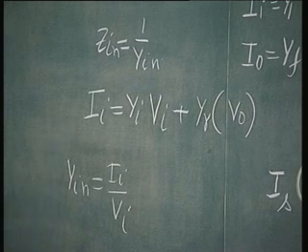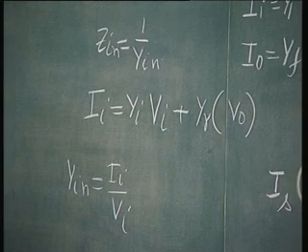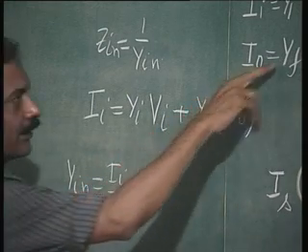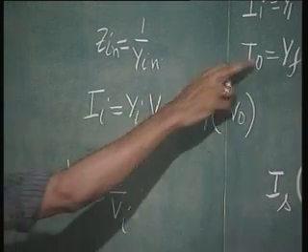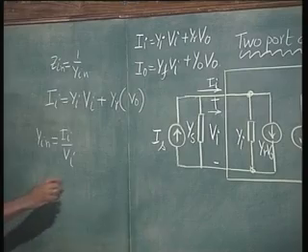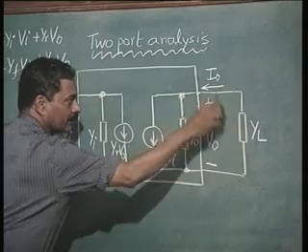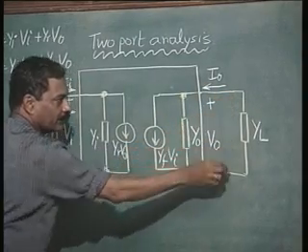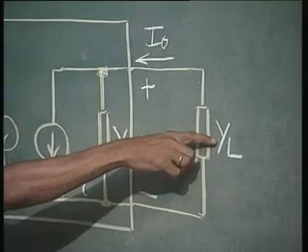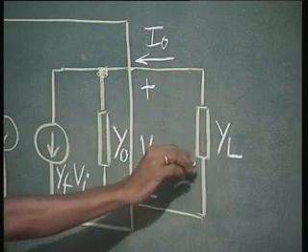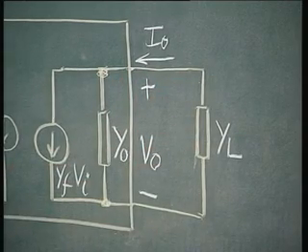So, it is necessary for us to find the relationship between V naught and Vi. That we can get from the second equation. We know that I naught is the output current here, and I naught is equal to V naught into YL, but the current will flow this way, so minus V naught into YL.